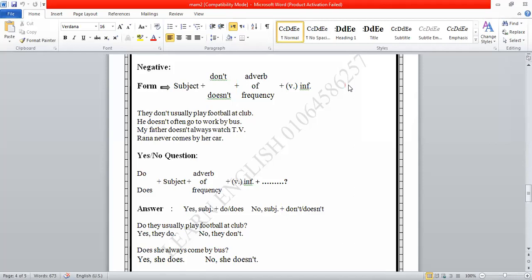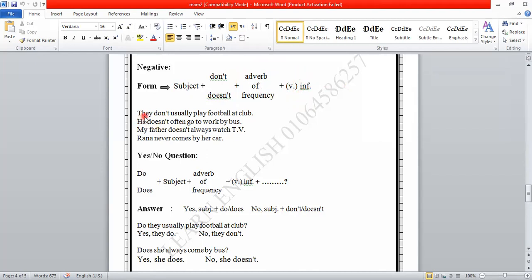We use subject and don't or doesn't. Don't with I, we, they, you, or any plural noun. Doesn't with he, she, it, or any singular noun. Then we put the adverb of frequency and the verb in infinitive form.